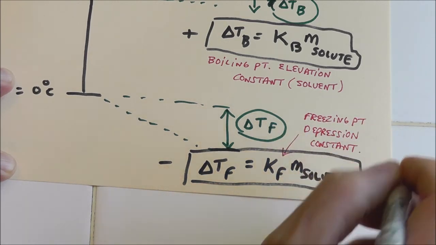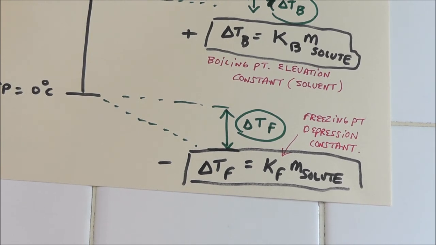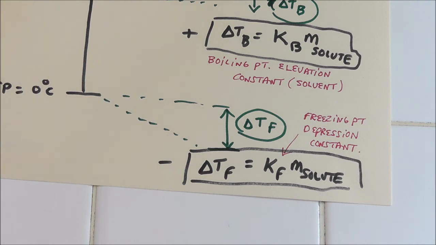To be honest with you, I've seen it both ways, and in the OpenStax text in chapter 11, I totally forgot which way it is. So let's go dig up a table of constants, and I'll flash that on your screen right now, and then we will solve a problem using both of those equations.